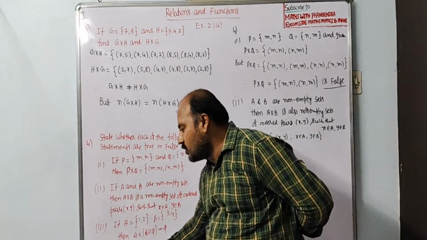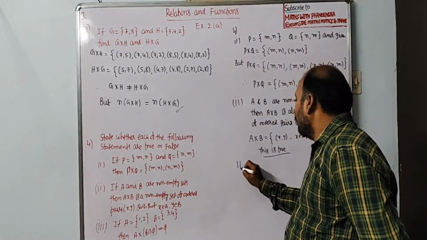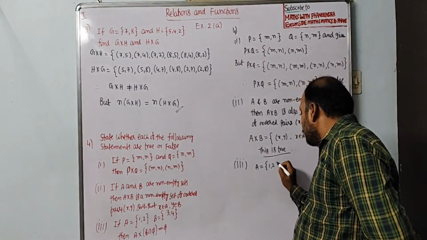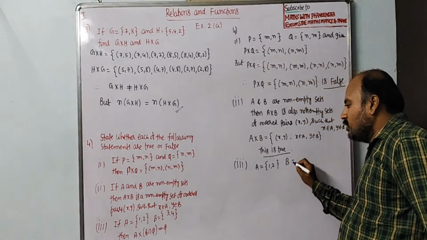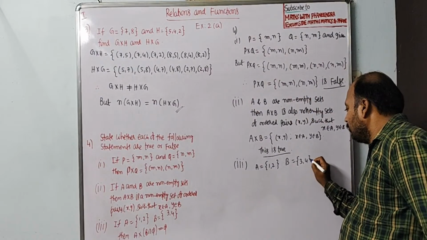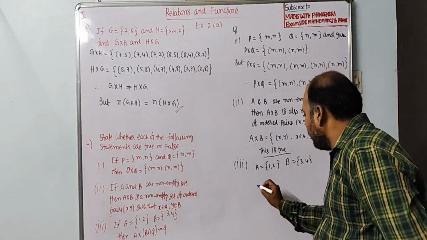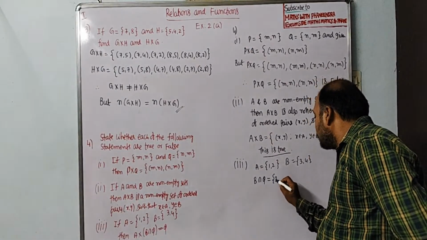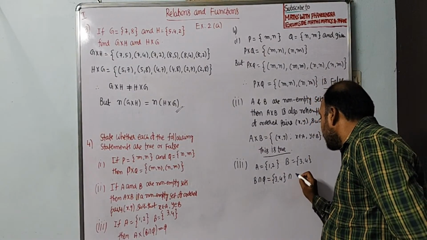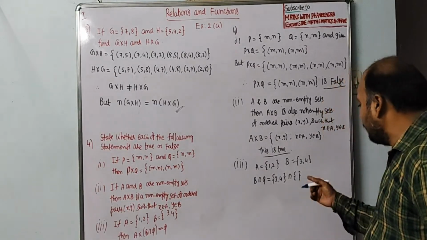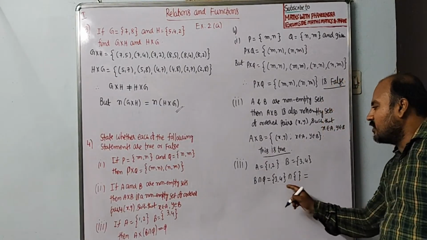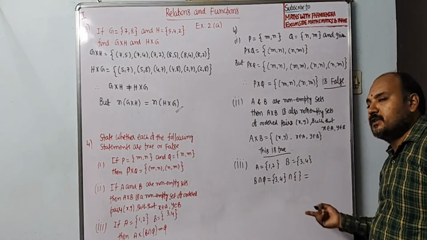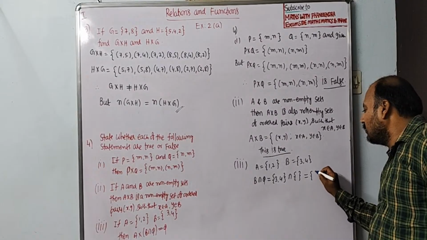Now come to statement 3. A equal to {1, 2}, B equal to {3, 4}. So first find out B intersection empty set. B means {3, 4}. Intersection with the null set: nothing will be there, the null set is common.